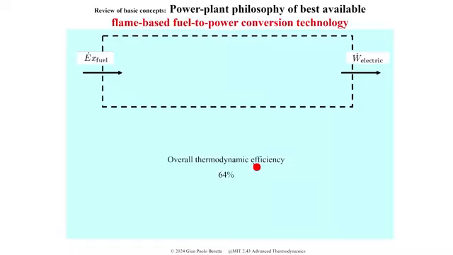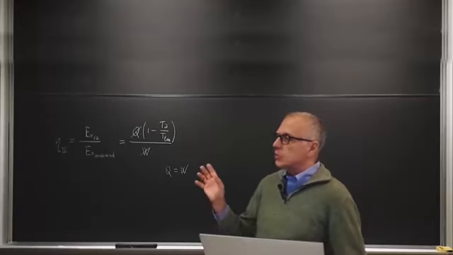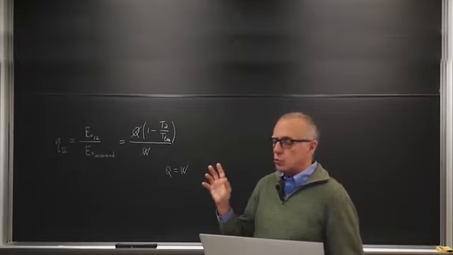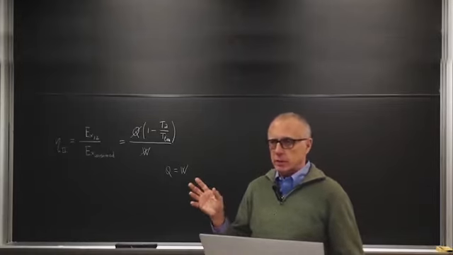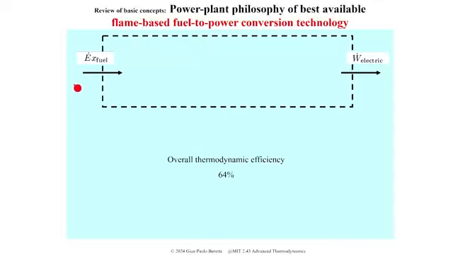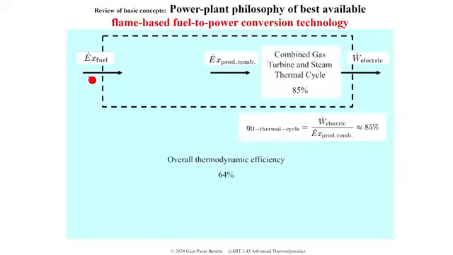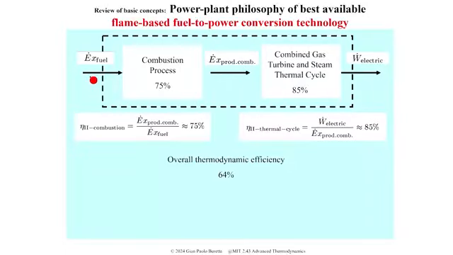All right, so why am I talking about that? Because we've seen that history tells us that we are going to go to 85% efficient by the end of the century. How can we do that? Currently, the point of this slide is that we cannot do it with current technology, at least not with the current technology that uses the fuel to burn in a flame, in a combustion process.